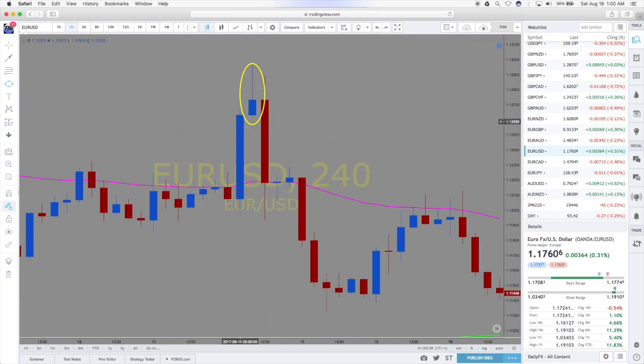Buyers had full control of price, and on the very next candle they tried to push price up, but were unsuccessful in keeping that pressure up, so sellers came in and lowered the price down. At the end of the day, it closed with a very long wick and a very small body, which is called a kangaroo tail. And of course, this particular candle led to a reversal in the market, as you can see by the next candle being a complete full bearish candle.